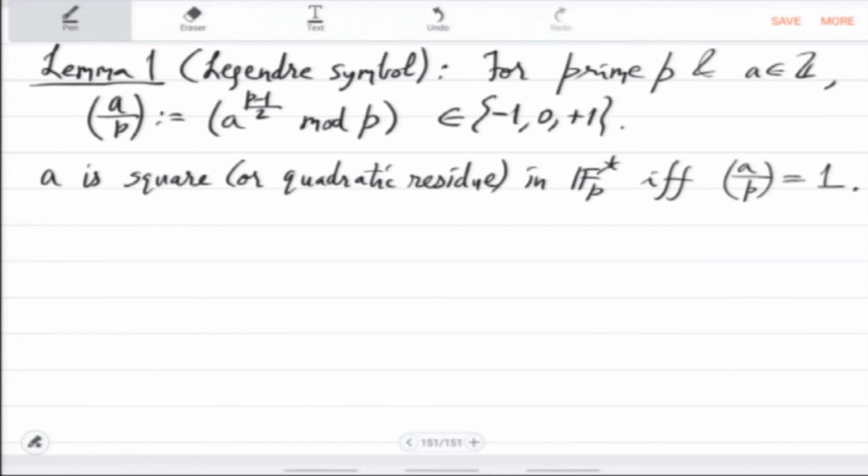So let us ignore the A equal to 0 case. For all the other quadratic residues, A by p is 1, and if A by p is 1, then A is a quadratic residue.